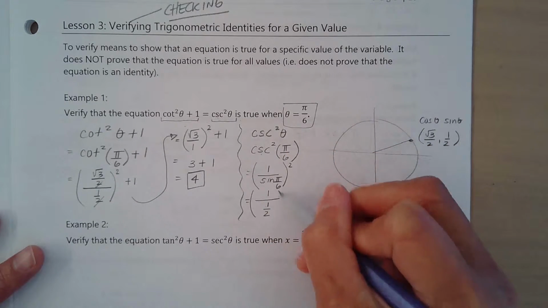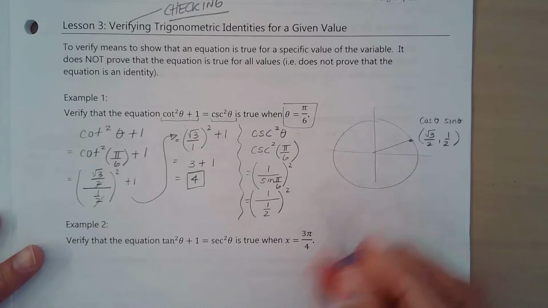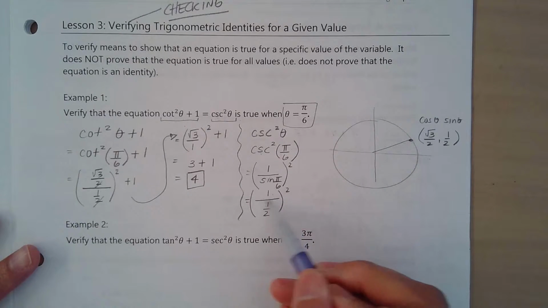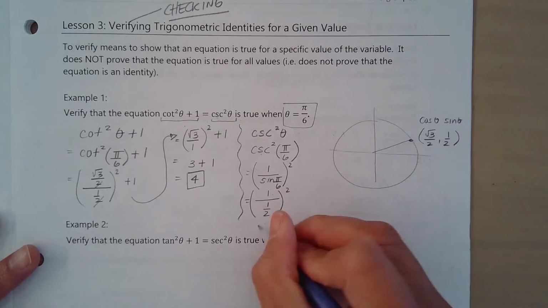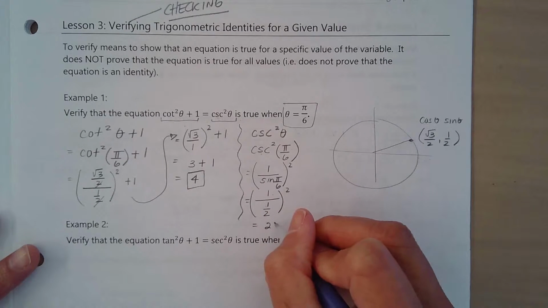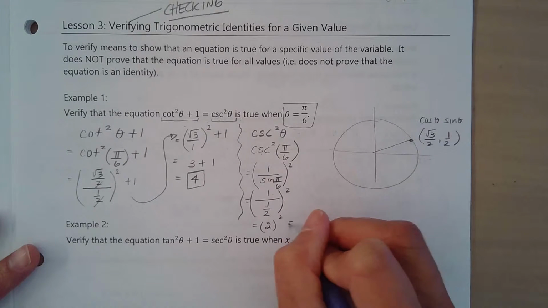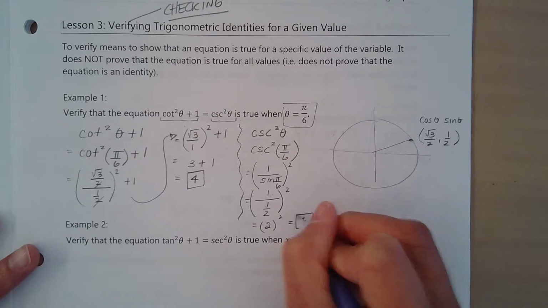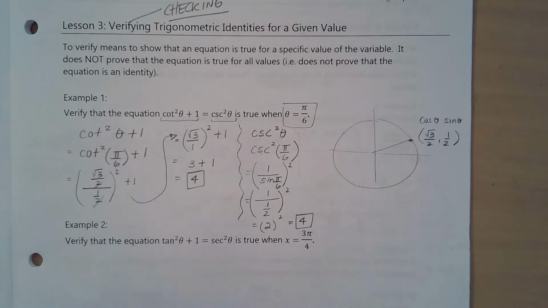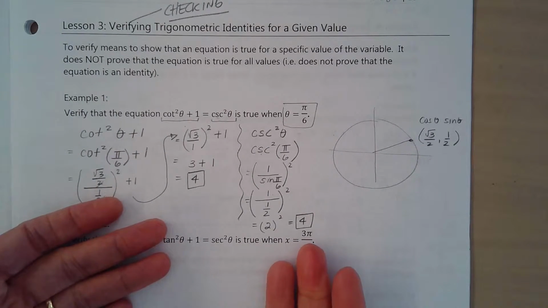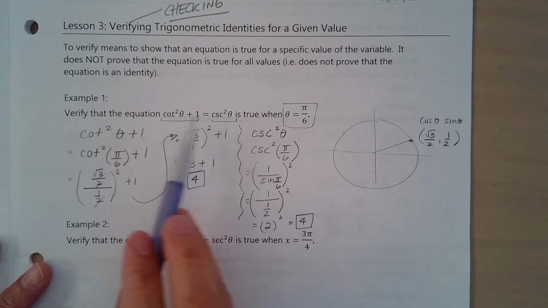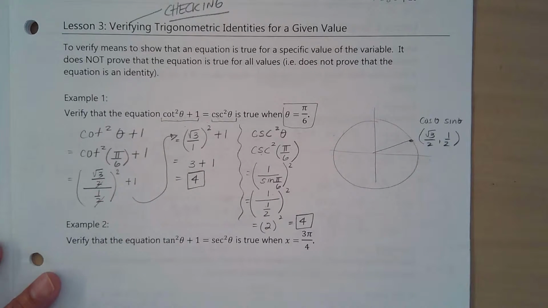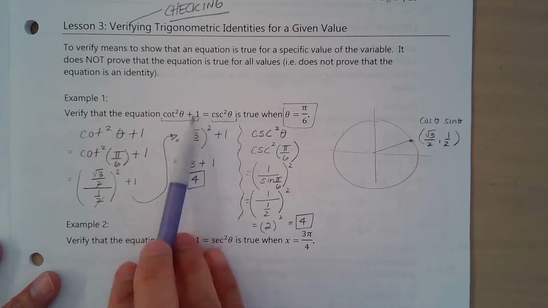So let's go back and square that. If you take 1 divided by 1/2, that's going to give us 2. And 2 squared is equal to 4. So we verified that this is an identity.